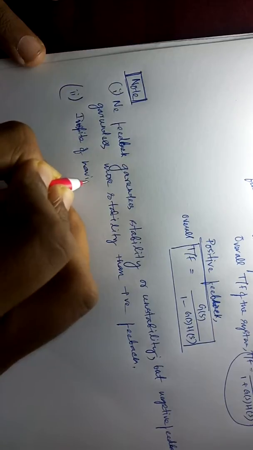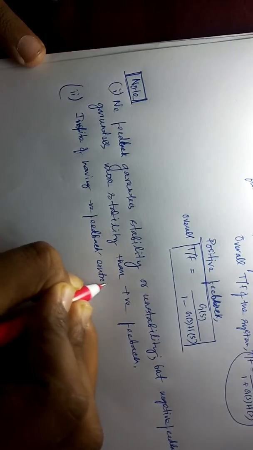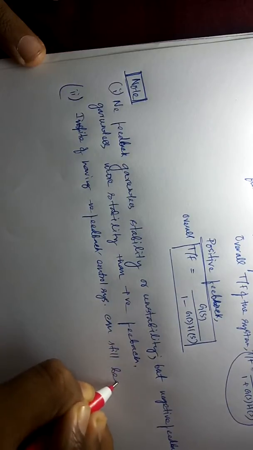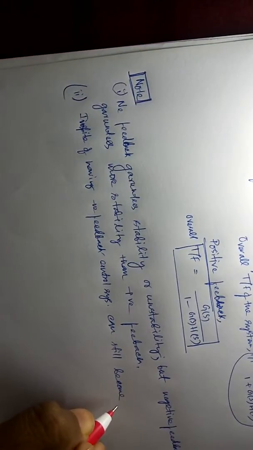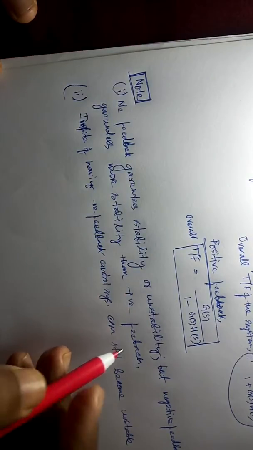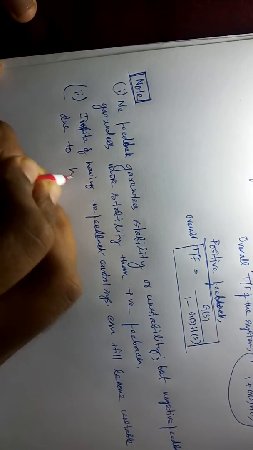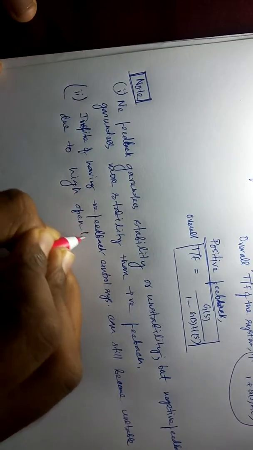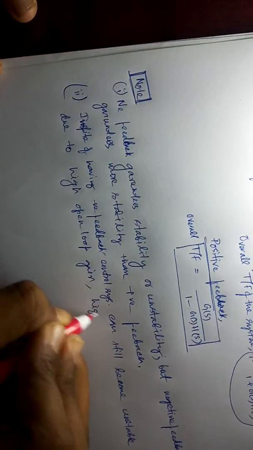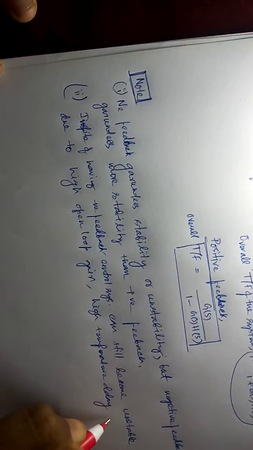In spite of having negative feedback, control system can still become unstable, though it provides more stability than positive feedback, due to high open loop gain, high transportation delay, and high sensitivity.